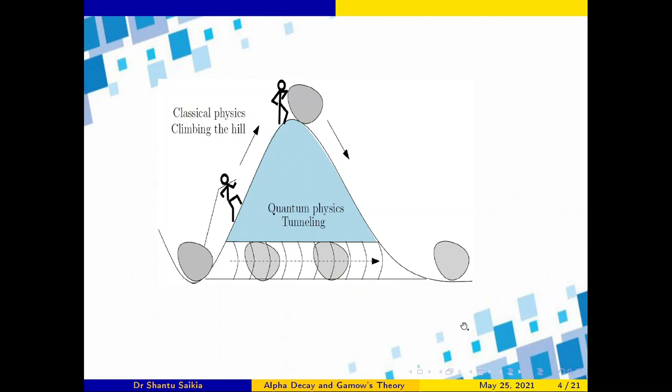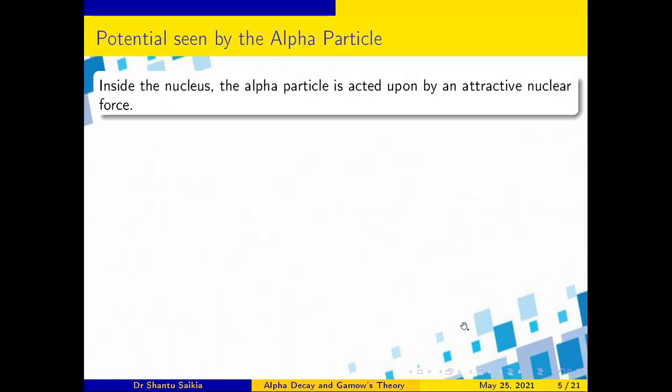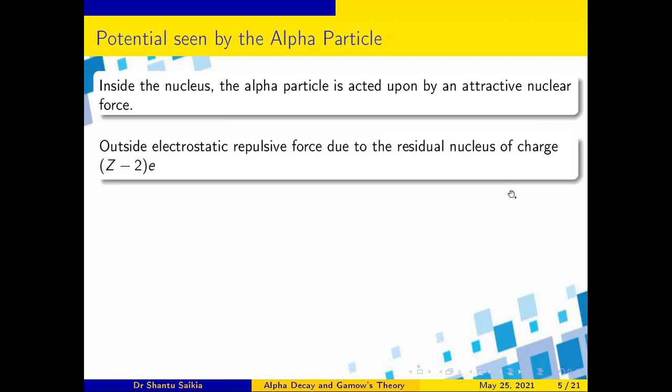So let us see what actually happens to the alpha particle. Inside the nucleus, the alpha particle is acted upon by an attractive nuclear force. This we know because in the nuclear dimension, the force in operation is the strong nuclear force.